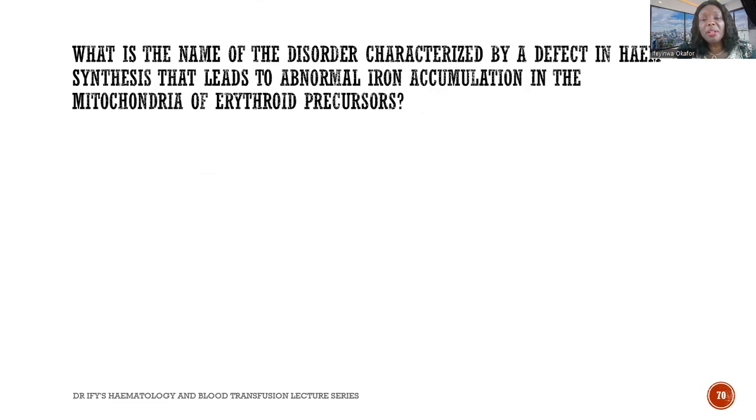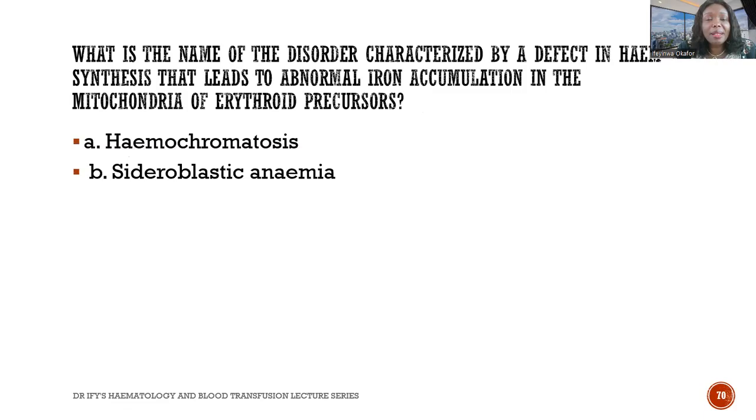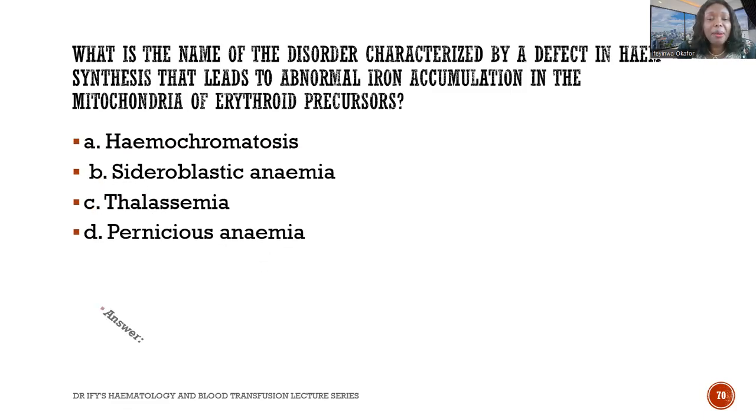What is the name of the disorder characterized by a defect in heme synthesis that leads to abnormal iron accumulation in the mitochondria of erythroid precursors? Hemochromatosis, sideroblastic anemia, thalassemia, pernicious anemia.